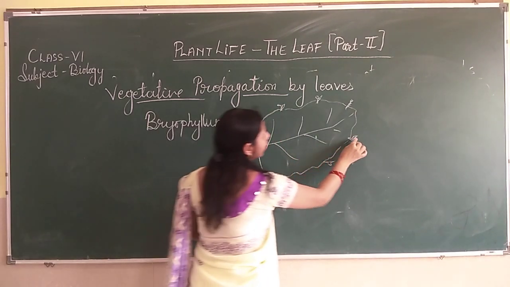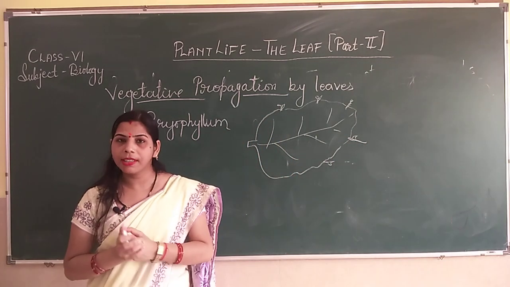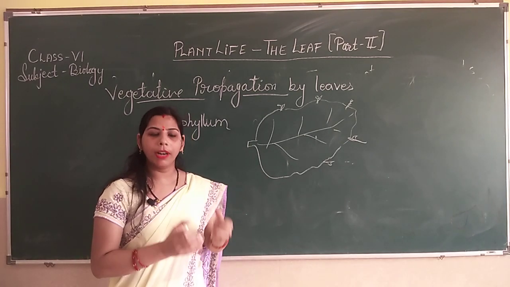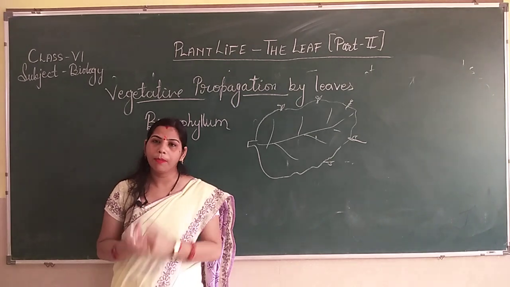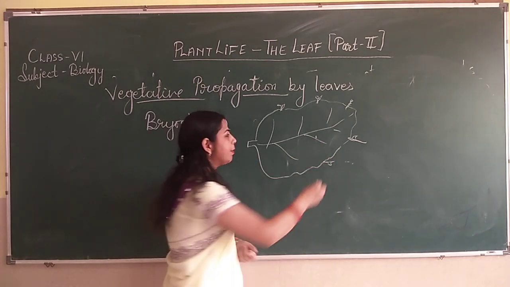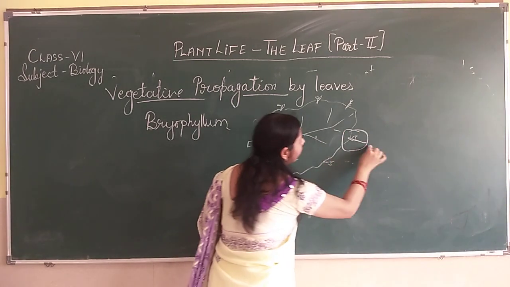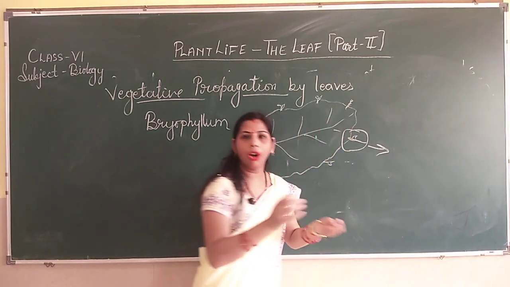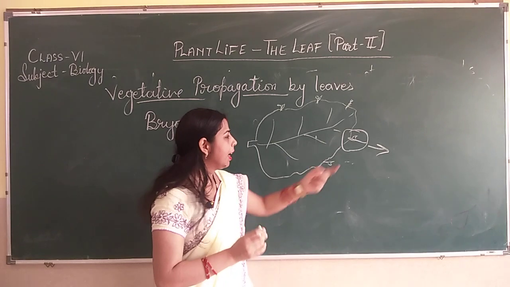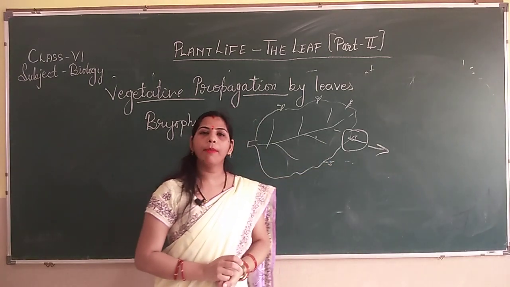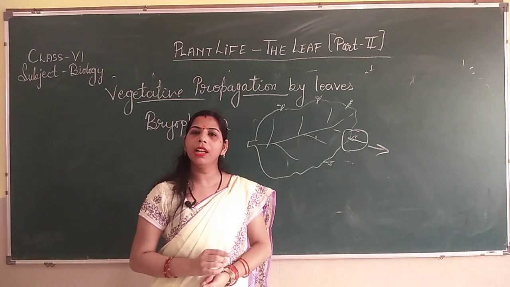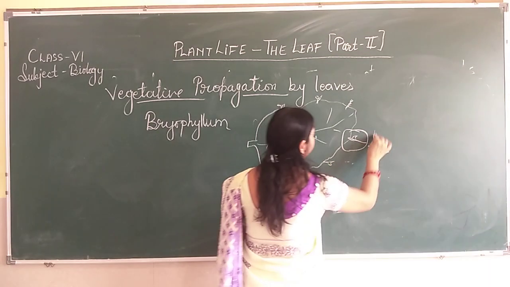These are the adventitious buds. And what are adventitious buds? That means the arising of a bud from any part of the plant. Now these buds separate from the mother plant and fall on the surface of the earth, and when they get the proper amount of soil, water and sunlight, they form a new plant.